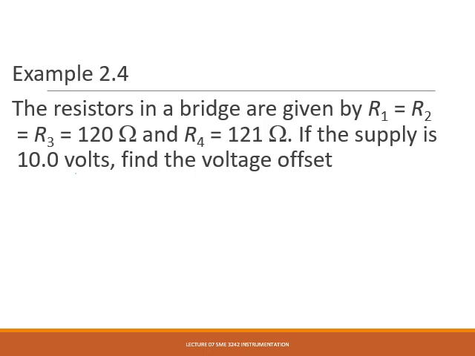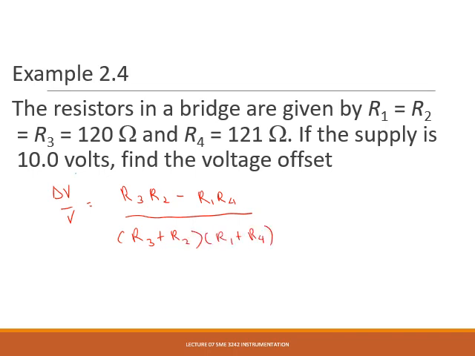Okay, example 2.4. Let's solve this example using the equation that we have derived. The equation is delta V over V equal to (R3 R2 minus R1 R4) divided by (R3 plus R2)(R1 plus R4). We just need to replace the values of resistance into the equation.